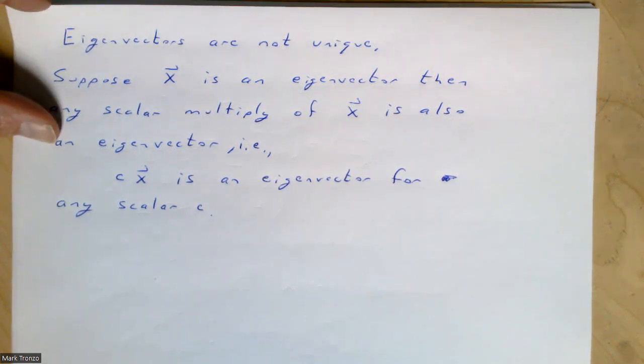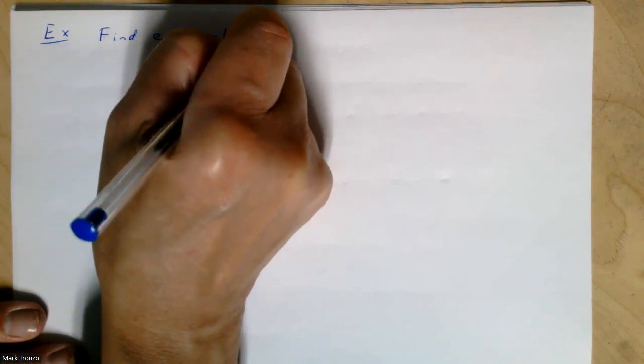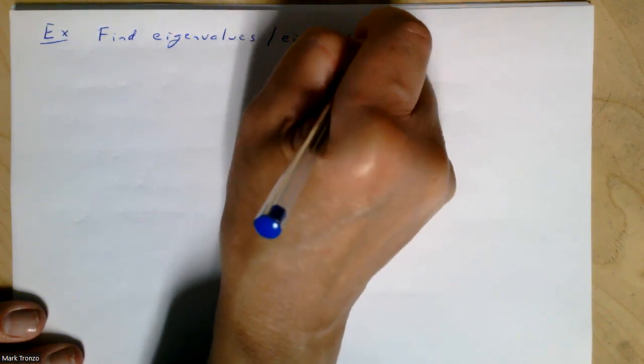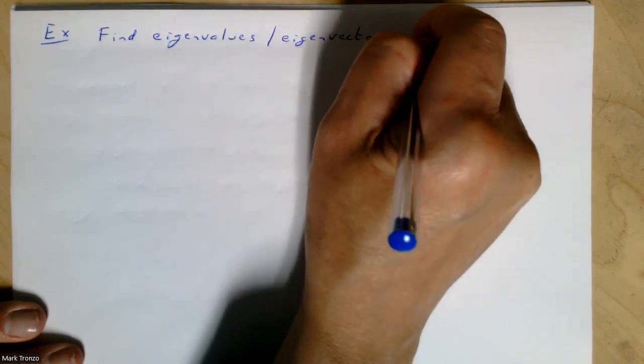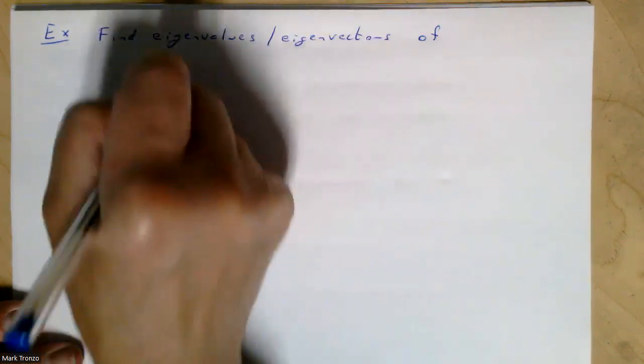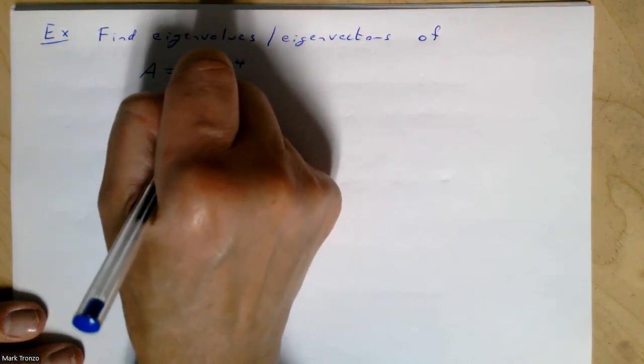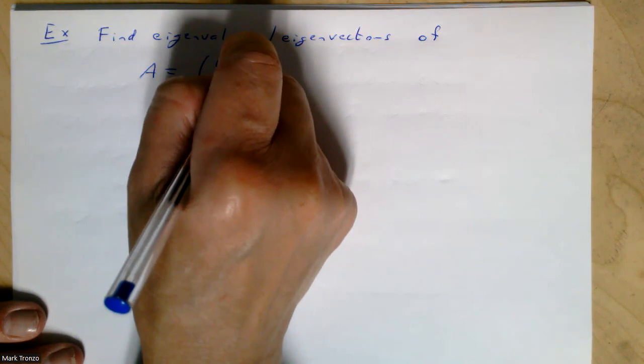So let's do some basic calculations for eigenvalues and eigenvectors. Again, this is probably a review for you. Find the eigenvalues and eigenvectors of 1, 4, 2, 3.